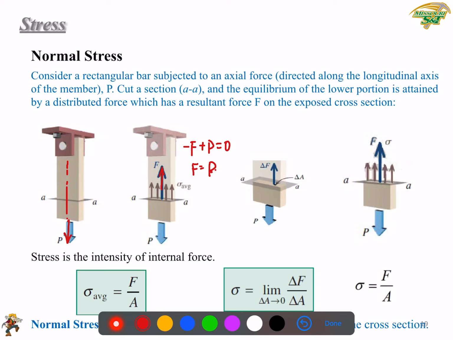More strictly speaking, the stress needs to be calculated using the second equation, but that is too complicated in some cases. So in mechanics of materials, a 2000 level course, we just use the third equation. We only consider the average normal stress. So sigma equals F over A, where F is the internal force and A is the cross-section area.